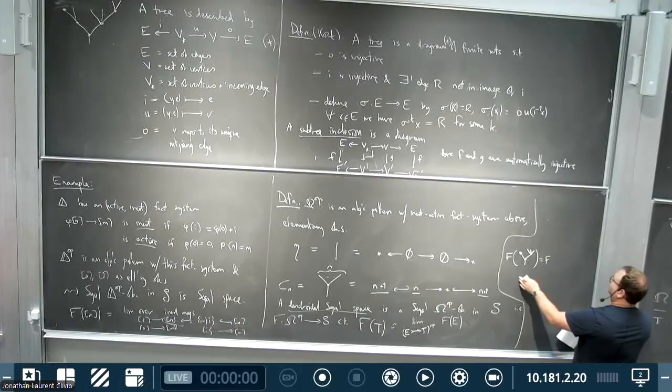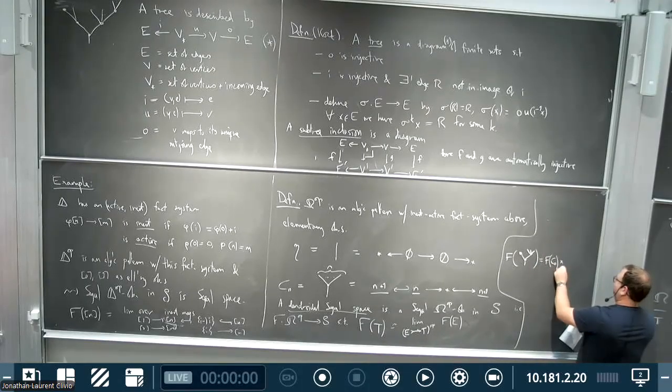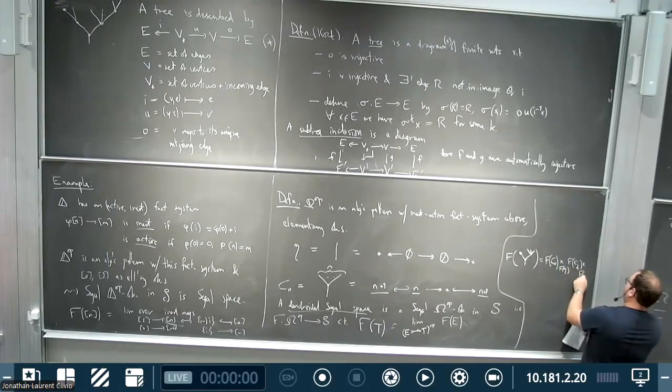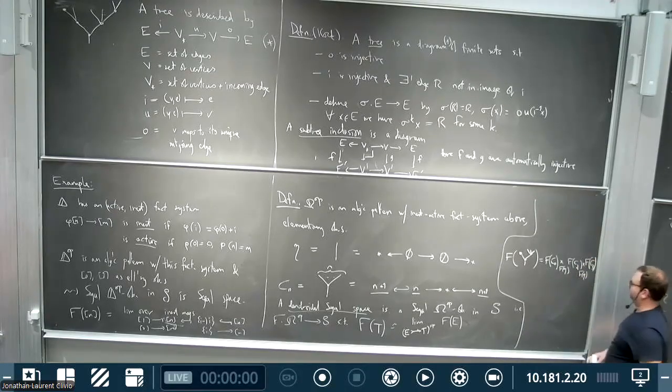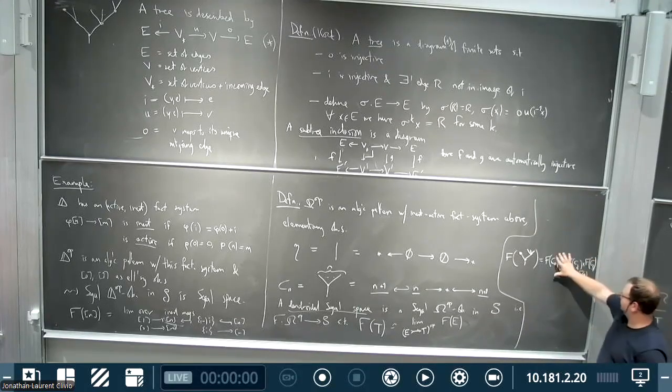So I have a nullary corolla glued along a single edge to a binary corolla, which is glued along another edge to a ternary corolla. We have a limit condition like this.